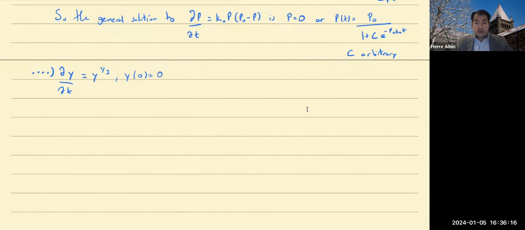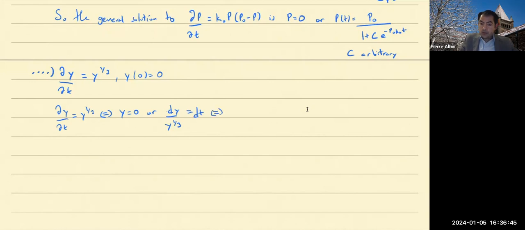But we should be careful and first think about what happens if y is equal to 0, right? So we know that either y is equal to 0 or 1 over y to the 1/3 times dy is equal to dt, right?